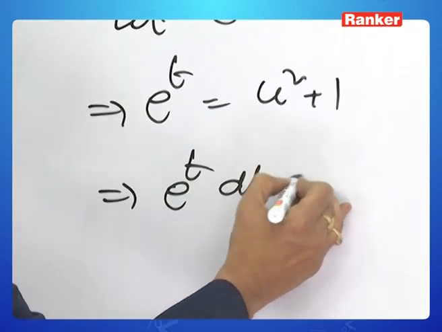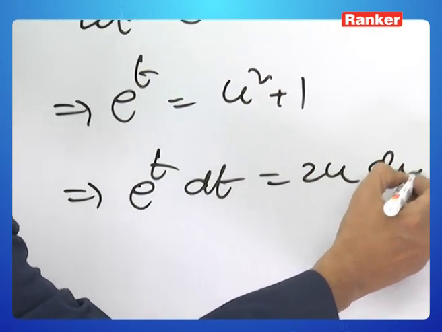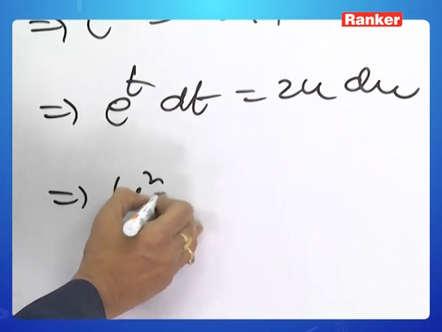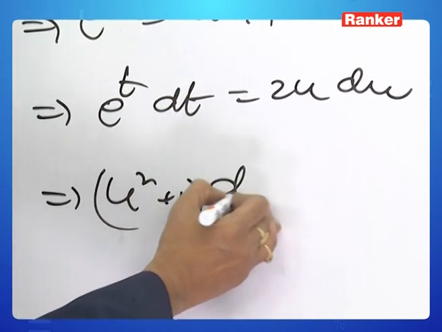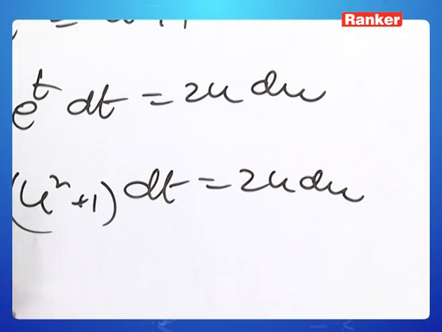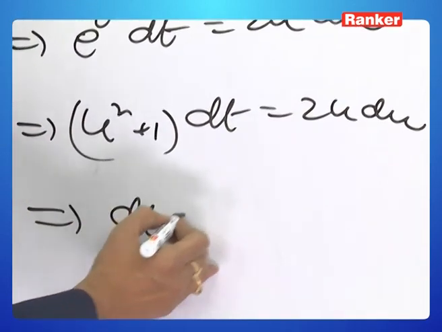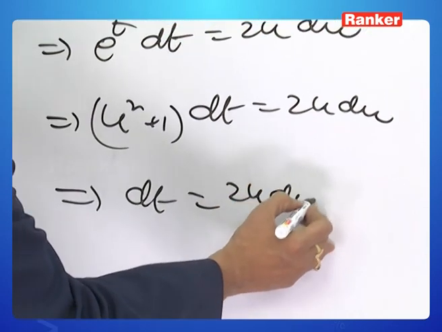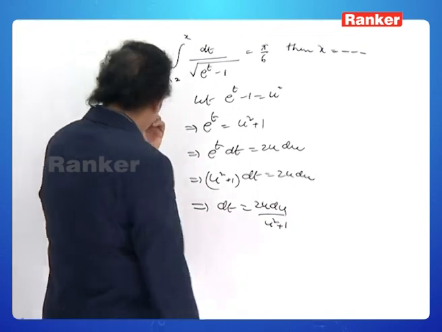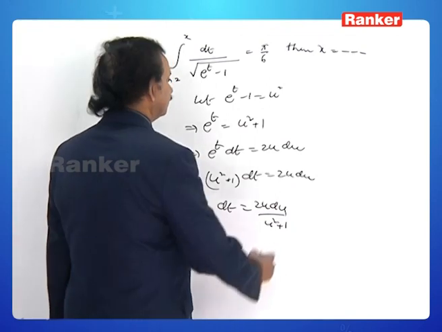E power t dt is equal to 2u du. You see, what is e power t? U square plus 1 dt is equal to 2u du. That is, dt is equal to 2u du by u square plus 1.